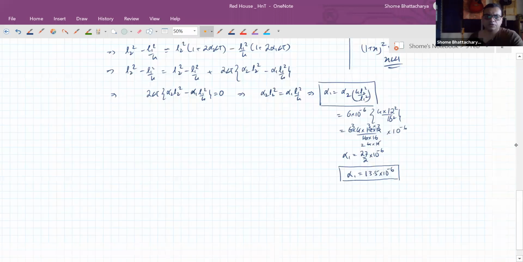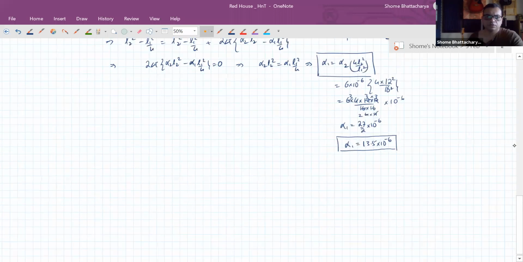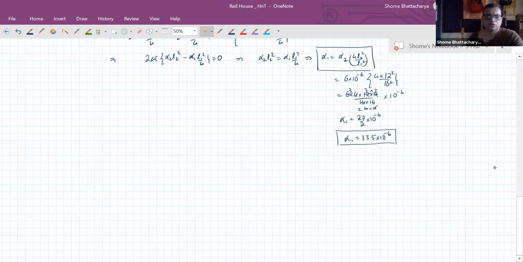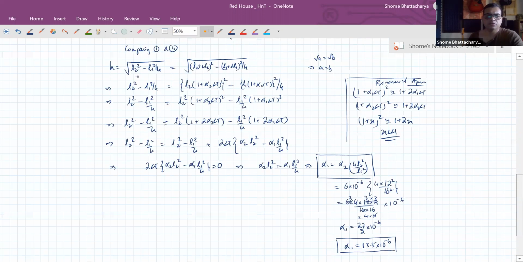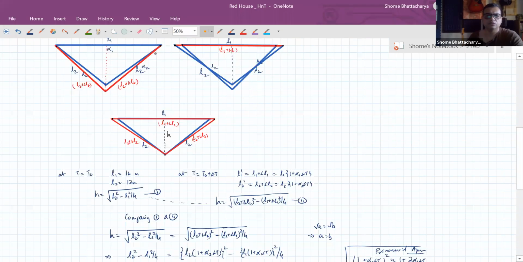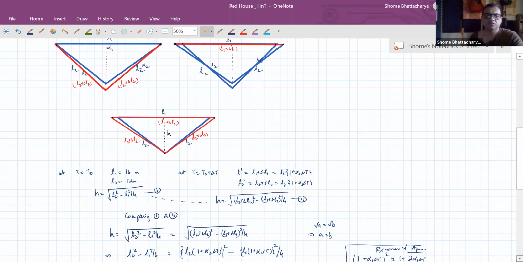Okay, so let me take you back to the basics here. What we want is this situation, that the expansion of the two sides, which will tend to increase the h, versus the expansion of the base, which will tend to decrease the h, should be balanced in such a way that even when expansion happens, the height remains unaltered.